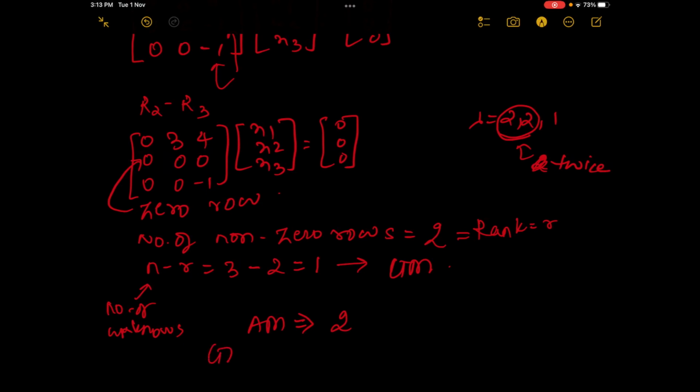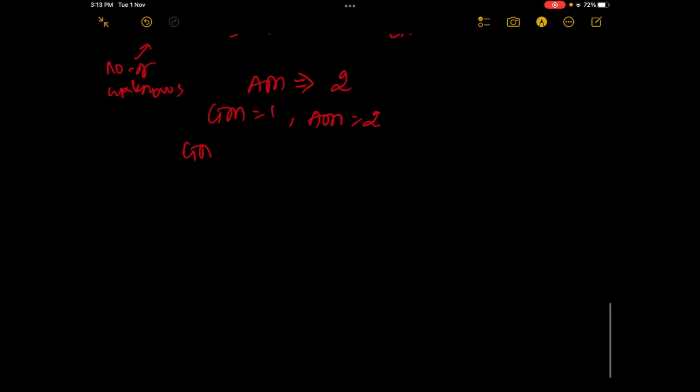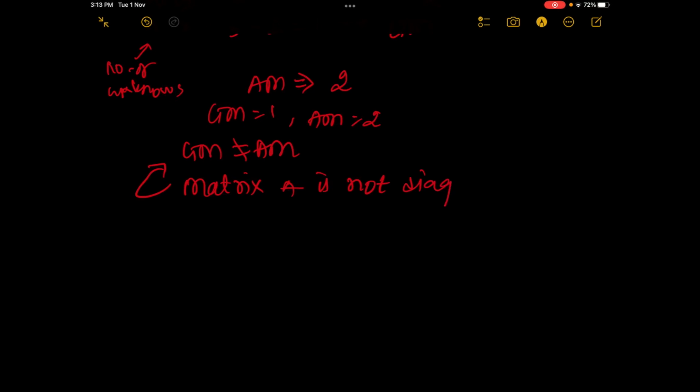So GM is equal to 1 and AM is equal to 2, which means GM and AM are not equal. Because of this condition, we say that the given matrix is not diagonalizable. If AM and GM are equal, then the matrix is diagonalizable, but because AM and GM are not equal, this is not diagonalizable.